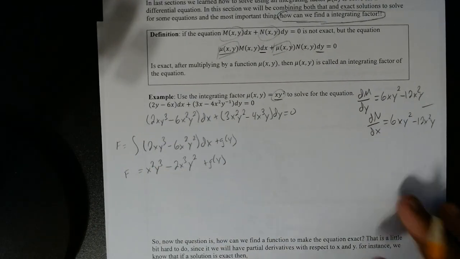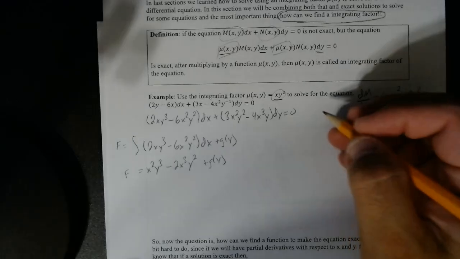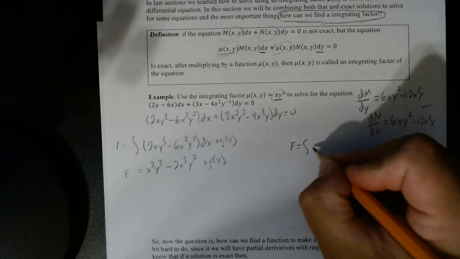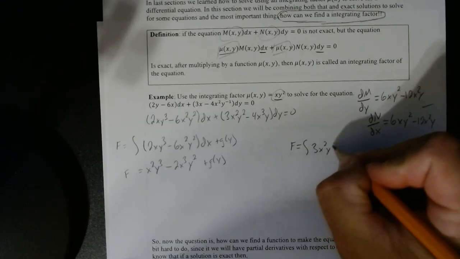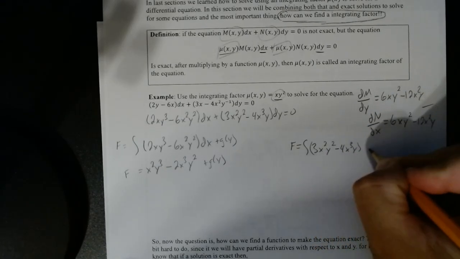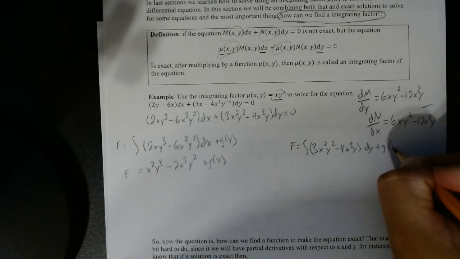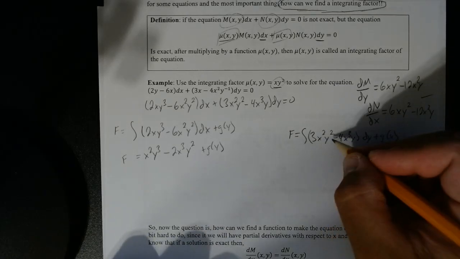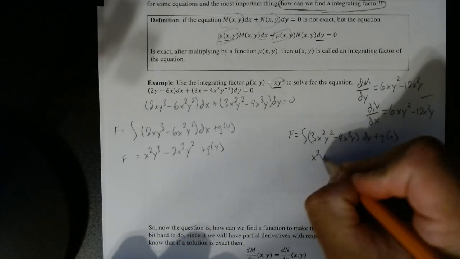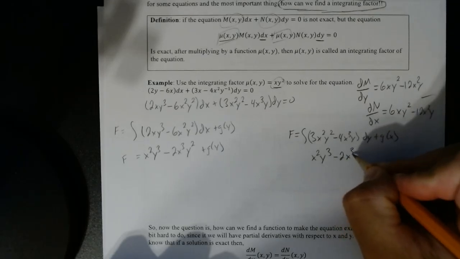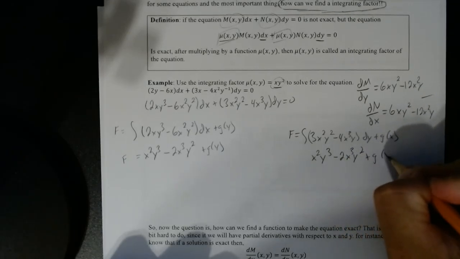If I do the same process for N, but now with respect to y, we get x squared y to the third minus 2x to the third y squared. And there we go.